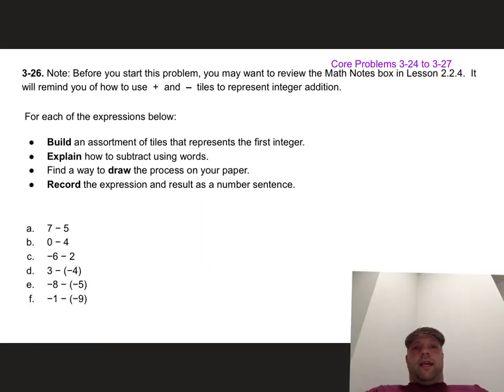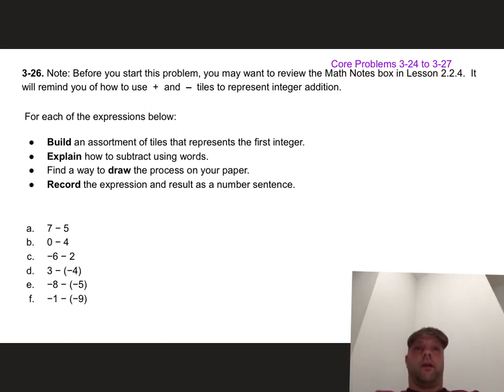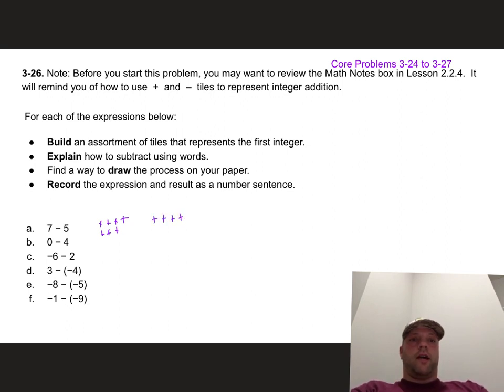All right, here are my last examples. I'm going to build these. Again, it's not my expectation that you build them. It's more of just trying to give you that visual and understanding on how to solve them. So I have 7 positives. There are my 7 positive tiles. Then I'm going to take away the 5 positives, so I want 5 0 pairs.